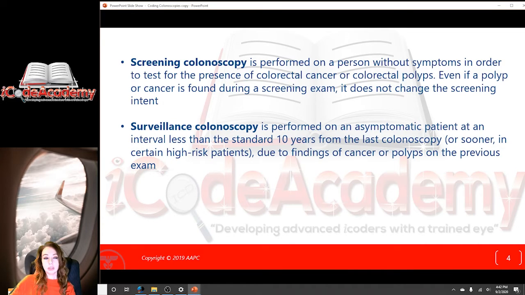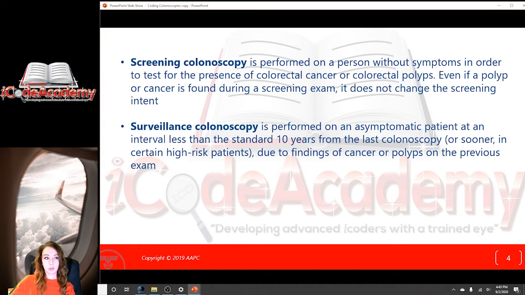Now, regardless of the finding of the screening examination, this does not change the intent of the order and the initial colonoscopy. So if they go in there, if they find cancer, if they find something that worries them, this is still a screening colonoscopy because there were no symptoms. It was just the colorectal screening that was placed.